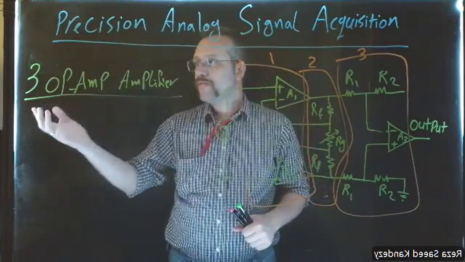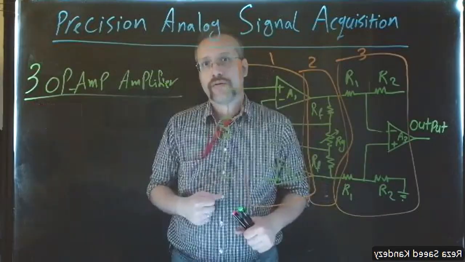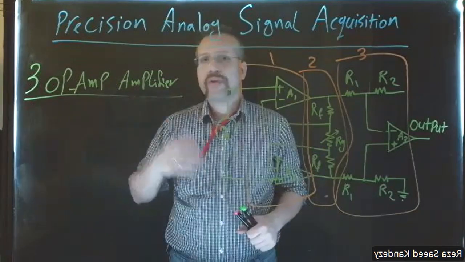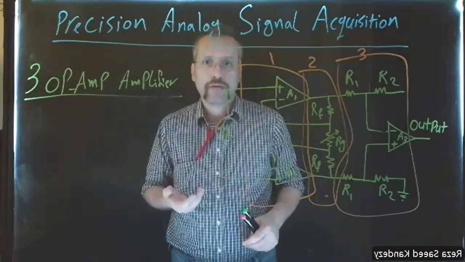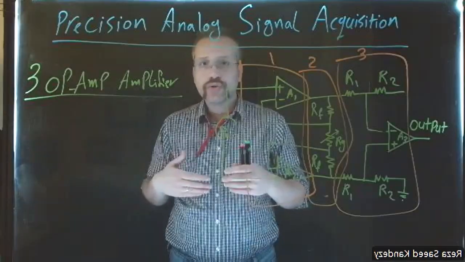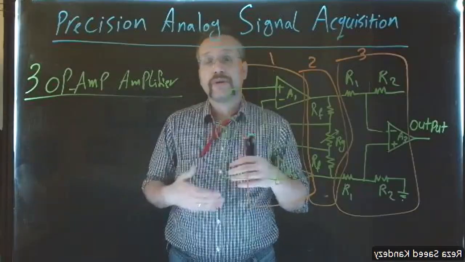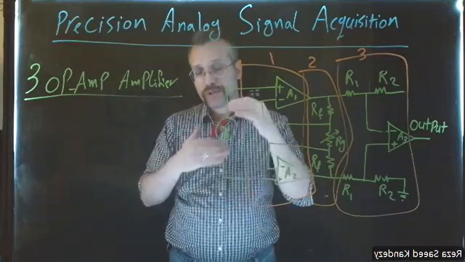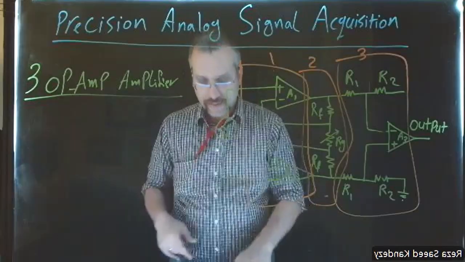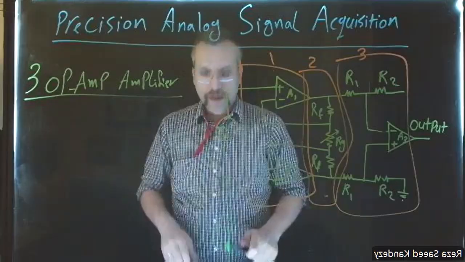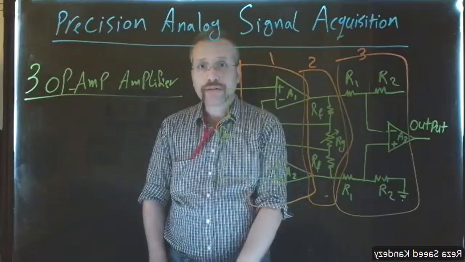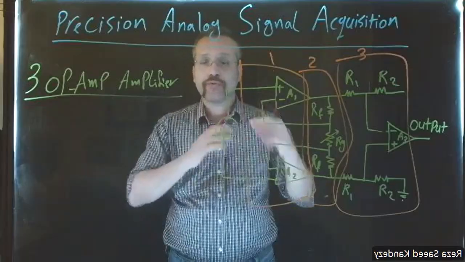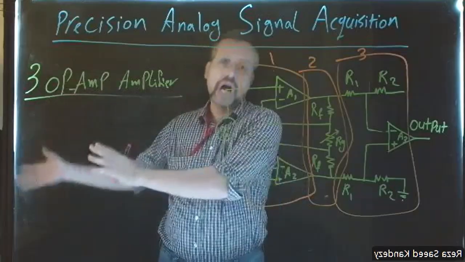What it does is, first of all, it amplifies a big signal, and since in the 3-op-amp amplifier we have a comparator op-amp, which tries to identify the difference between the two inputs, if we have any common noise in those two inputs, that comparator would cancel those common noises out.